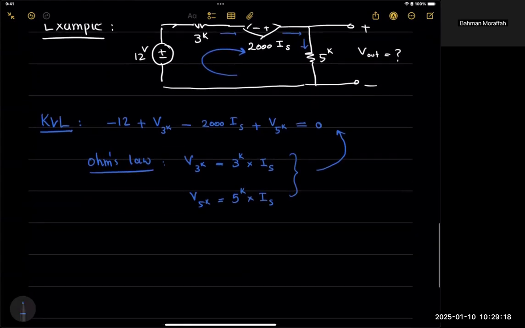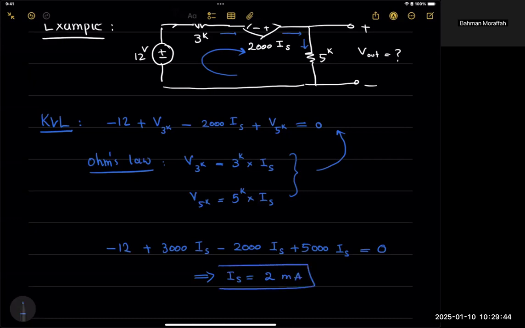So what I have here is minus 12 plus 3000 IS minus 2000 IS plus 5000 IS. That should be 0. If I solve for IS, I can see IS is 2 milliamps, basically 2 times 10 to the power minus 3.